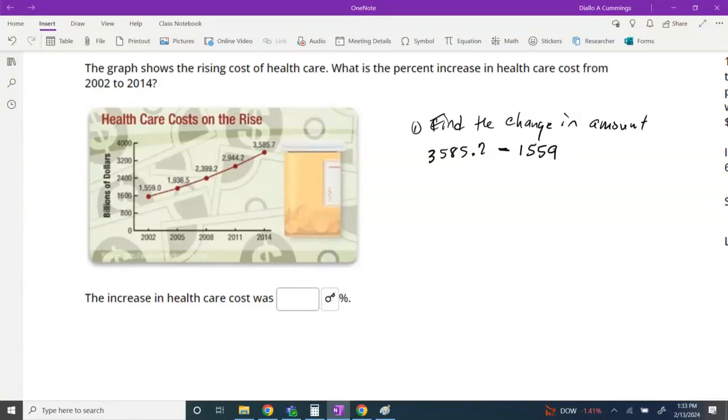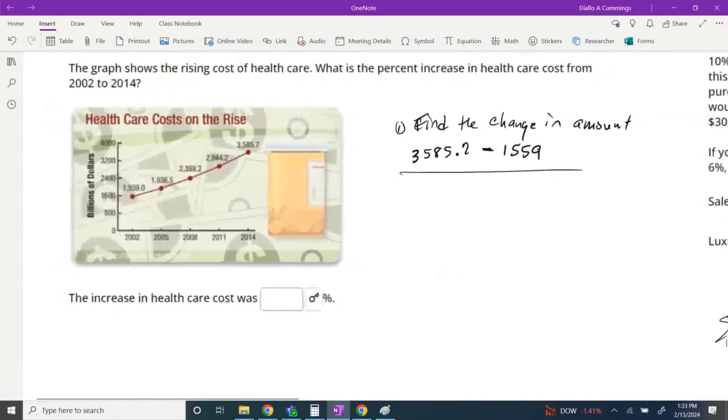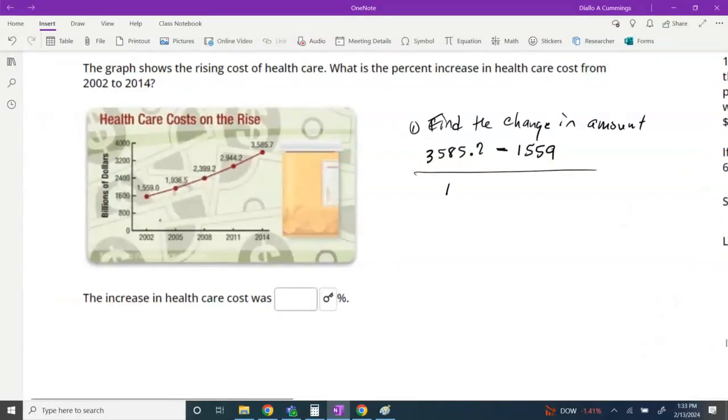Right, so that's the change in amount divided by the original amount. So the original amount was in 2002, which is 1,559.